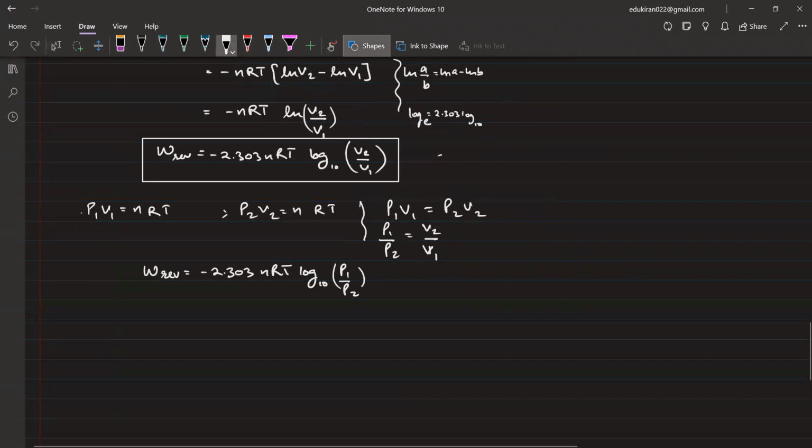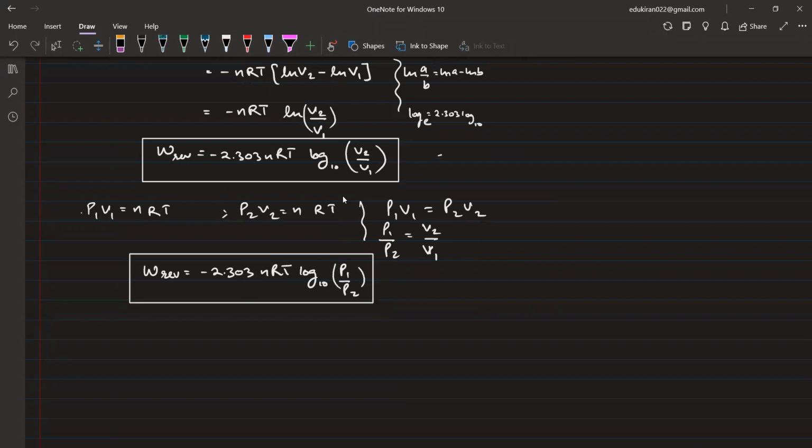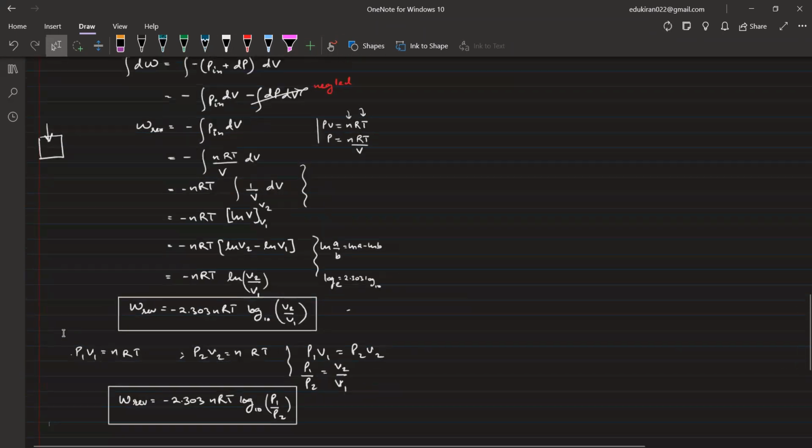So these are the two formulas you can write. Pressure is easier to measure: measure the internal pressure in the initial phase and the final phase, and then you can have the W reversible. Please write this down, guys.